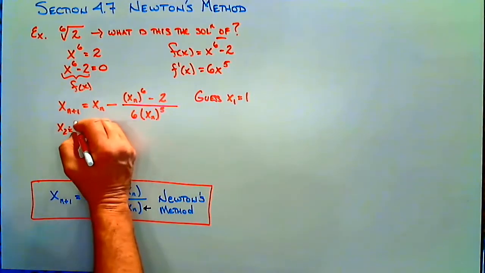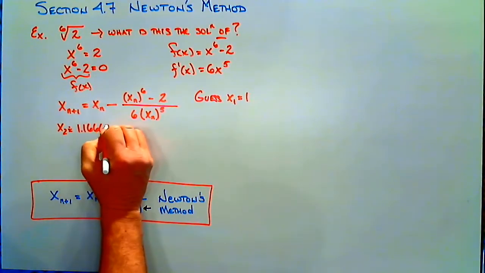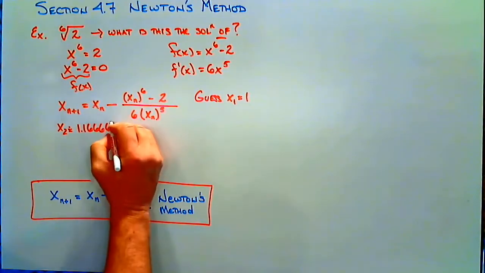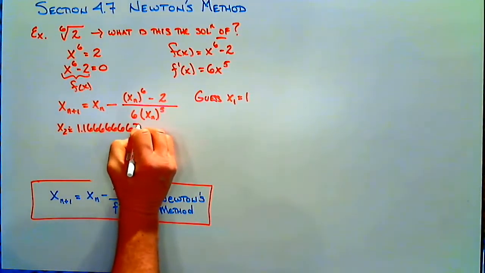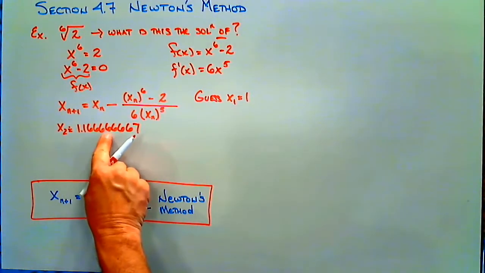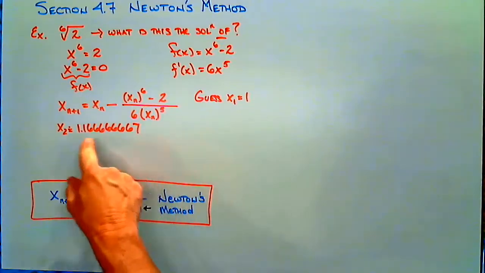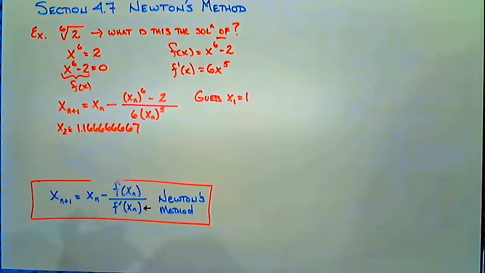X of 2 turns out to be approximately 1.166666667 if we round it to 1, 2, 3, 4, 5, 6, 7, 8, 9 decimal places. Obviously, the answer is 1.1666666 repeating, but if we round it to 9 decimal places, this is approximately x of 2.